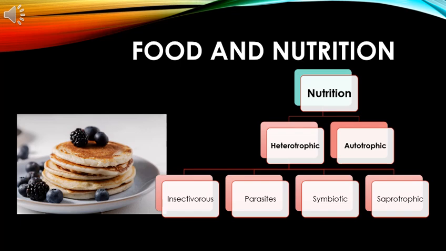These nutritions are of two types. One, heterotrophic and second, autotrophic.